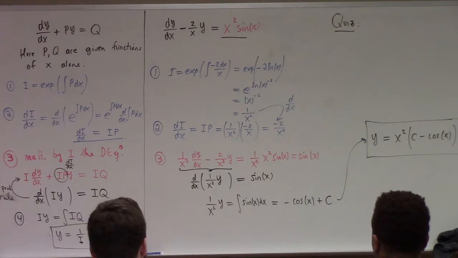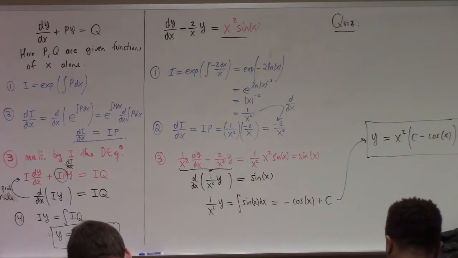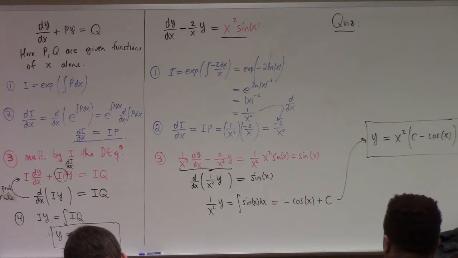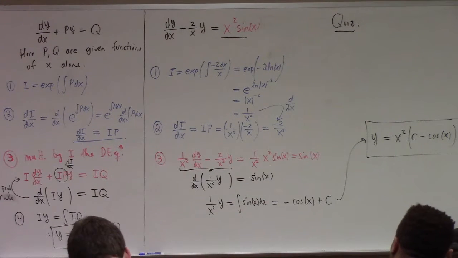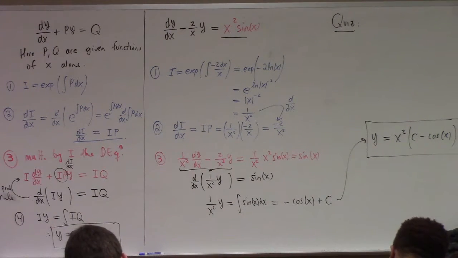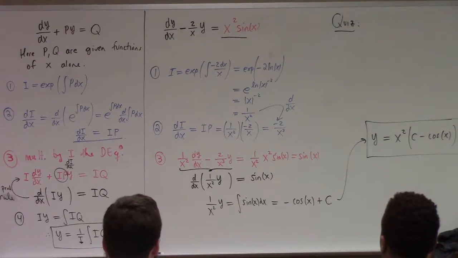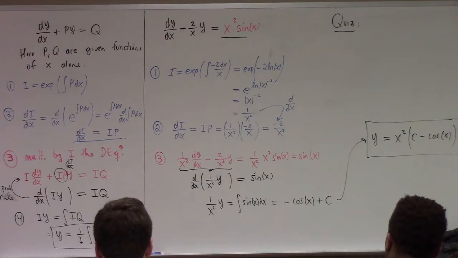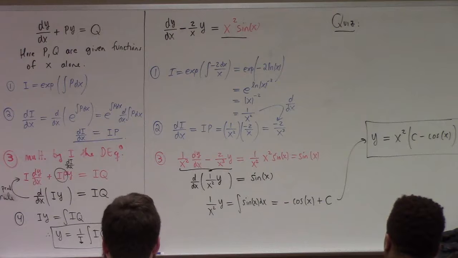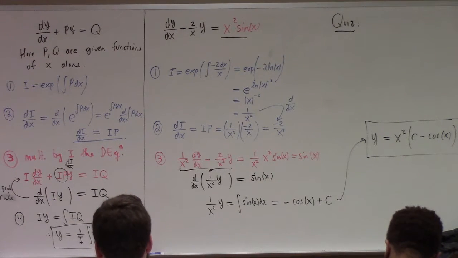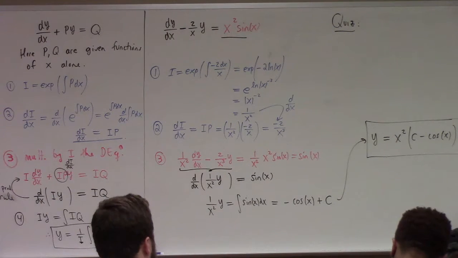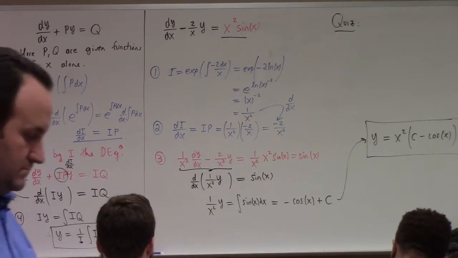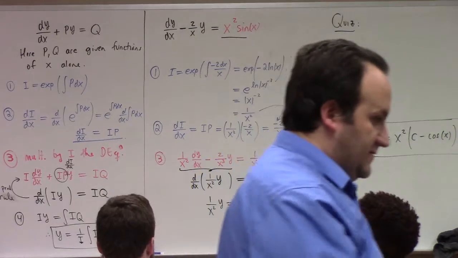So what's that get? E to the minus 3x. Okay. 3e to the minus 3x times y, right? Now how does e to the minus 3x times e to the x simplify? E to the minus 2x, yeah.